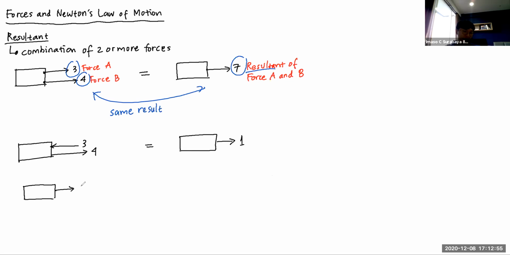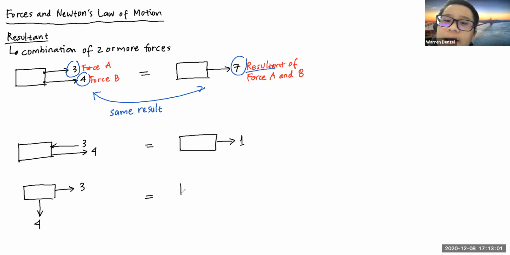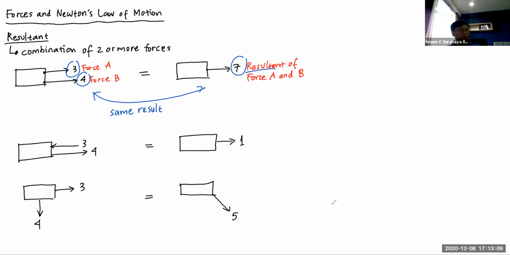I pull it to the right 3, and then I pull it to the bottom 4. Then it will go diagonally down to the bottom right by 7. I think it's not 7, it's 5. Oh yeah, Pythagorean theorem, right?